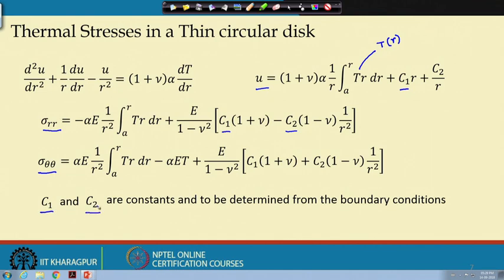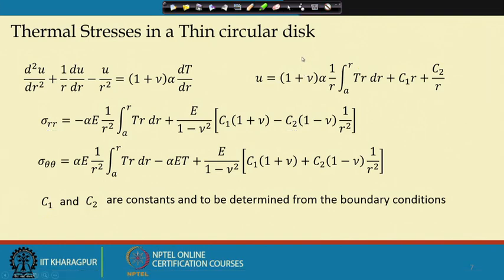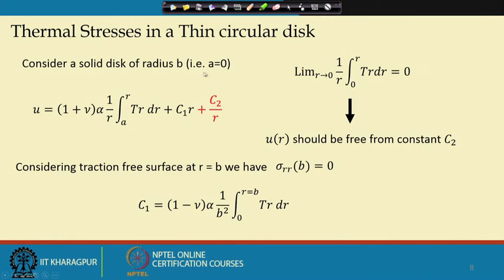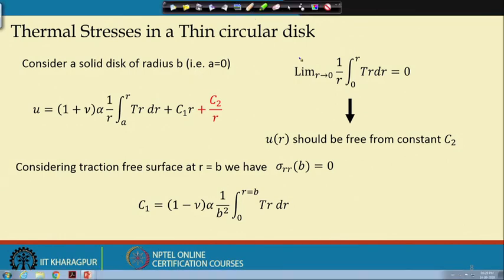Then we can calculate the stresses. For instance, if we consider a simple solid disk, then a equals 0 and b is the radius of the disk. If we look at this quantity, 1 by r, integrated from 0 to r equals b, that is, the integral of T r dr, as r tends to 0 this quantity becomes 0.